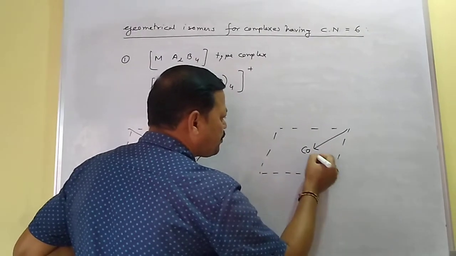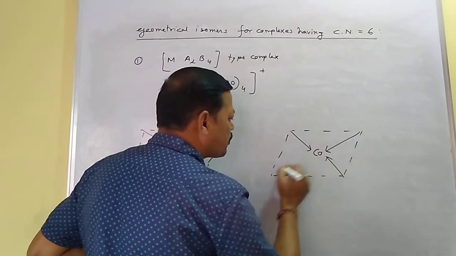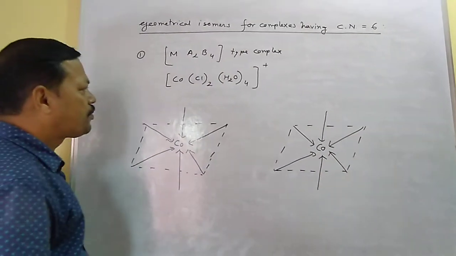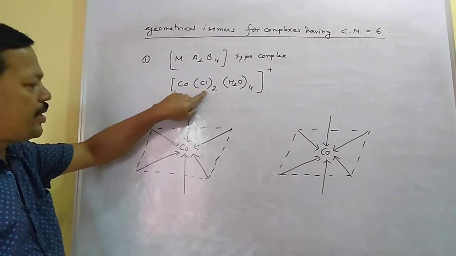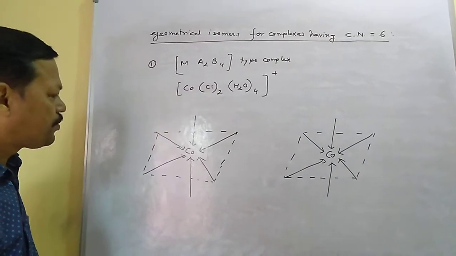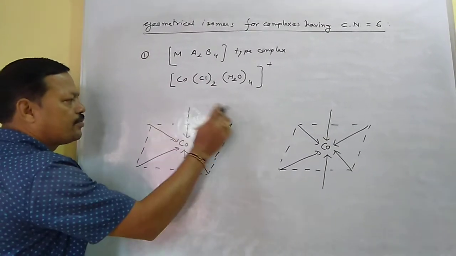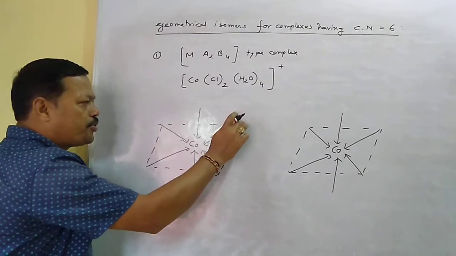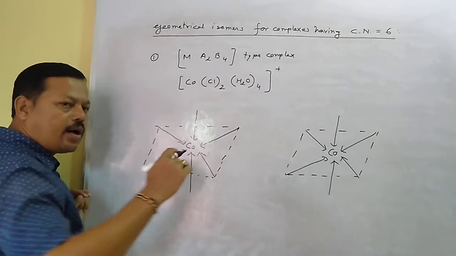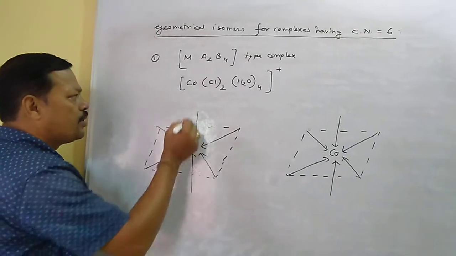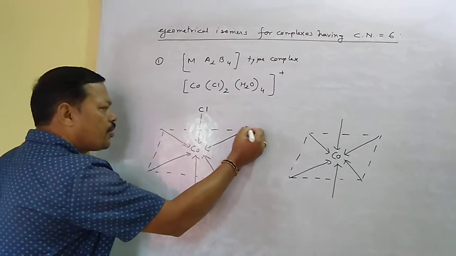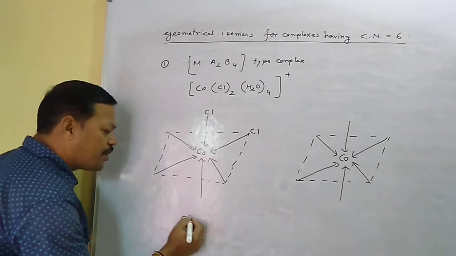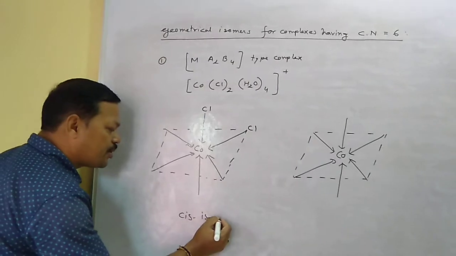Cobalt, now here 2 chlorine ligands are present. These two positions are in the same phase, so when these two positions contain similar ligand, then the isomer is said to be cis isomer.